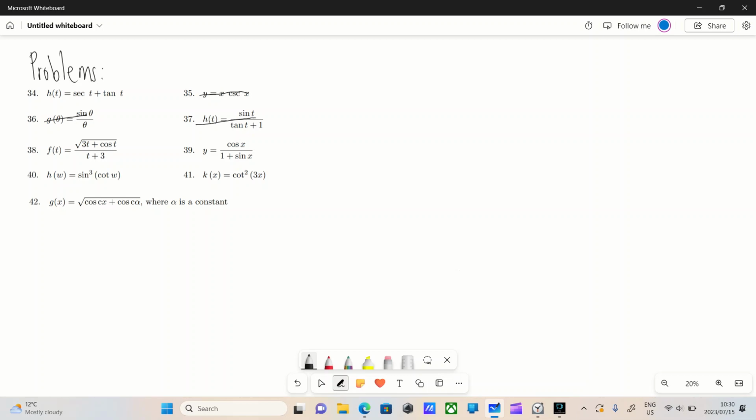Let's begin. So 34, we have h of t is equal to secant t plus tangent of t.